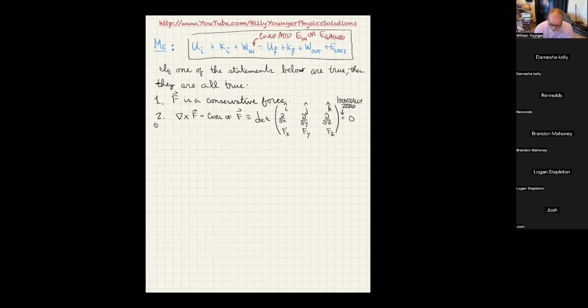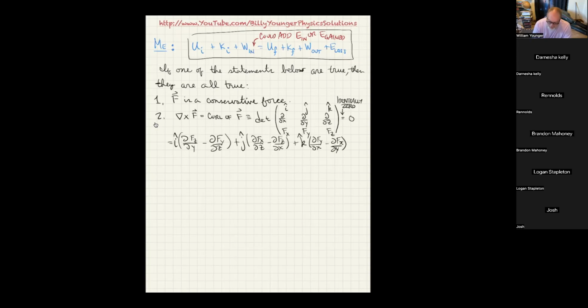So just to not introduce something that I don't actually show you how to compute, even though I'm not going to ask you to compute that this semester, I will tell you that this turns out to be basically i hat (partial of F_z with respect to y minus the partial of F_y with respect to z) plus j hat (partial of F_x with respect to z minus the partial of F_z with respect to x) plus k hat (partial of F_y with respect to x minus the partial of F_x with respect to y).